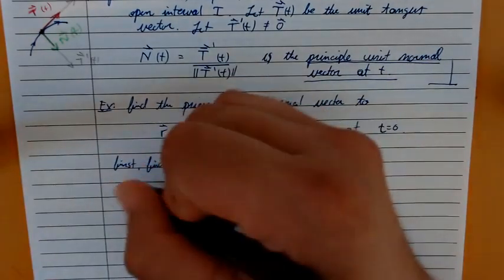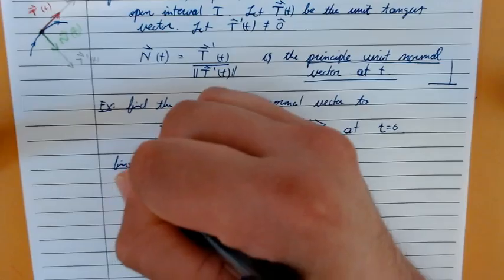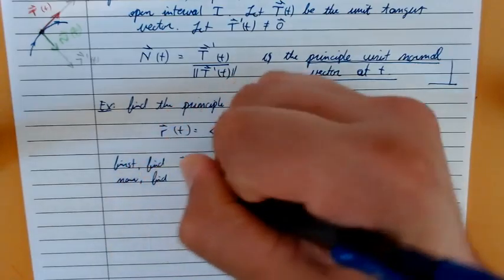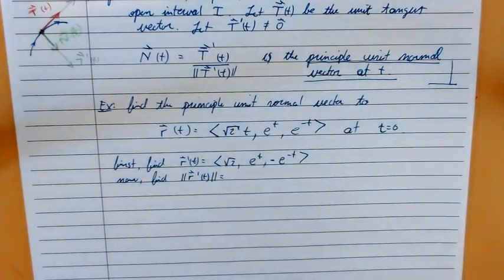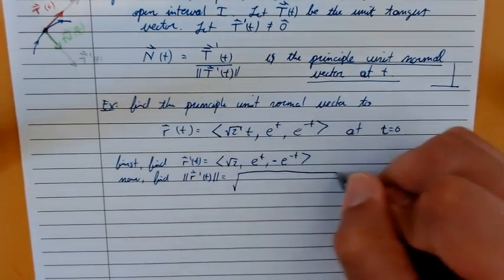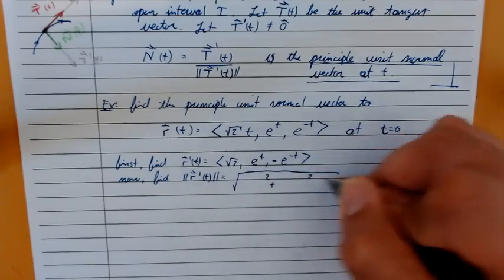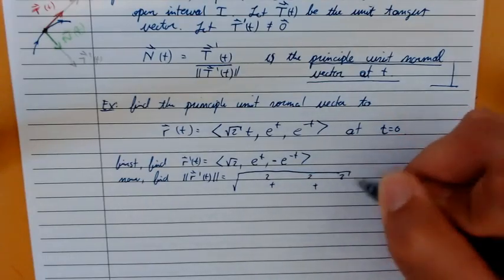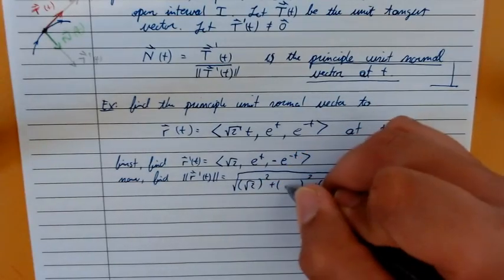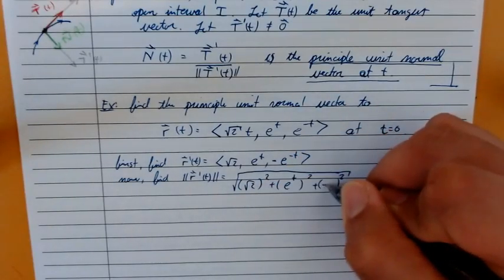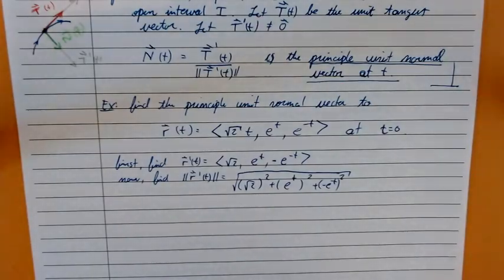Now I need to find the magnitude of r prime of t. Well, that's going to be the square root of the sum of the squares of those three components: root 2, e to the t, and minus e to the minus t.